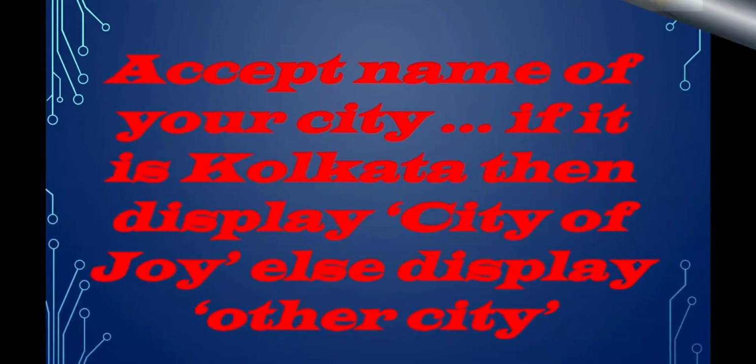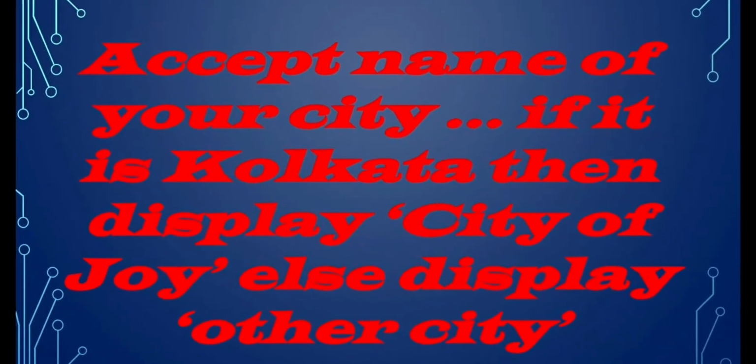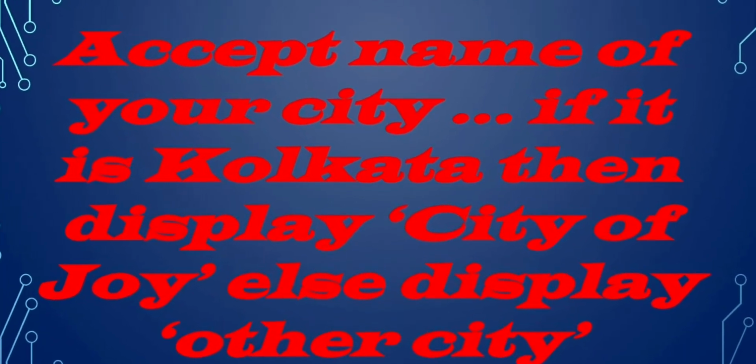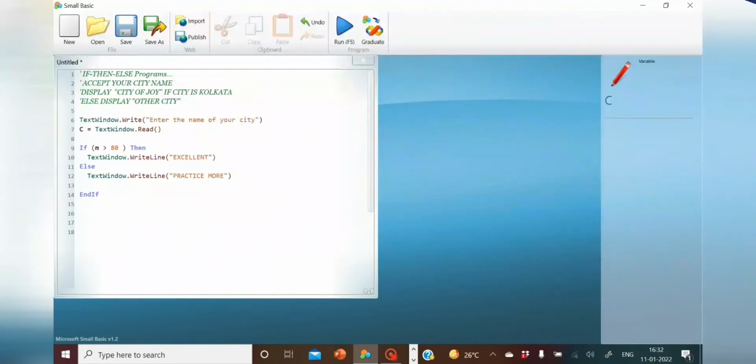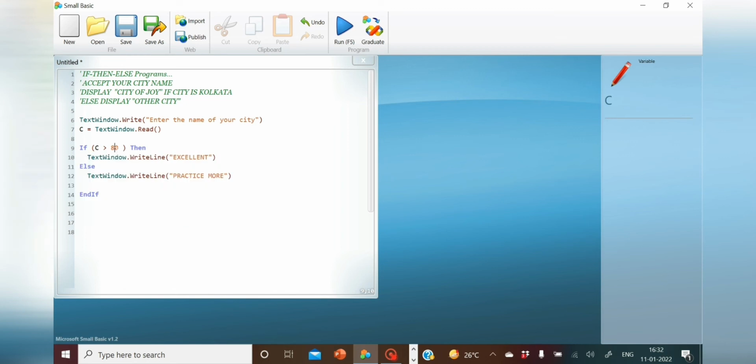Okay. So moving to the next example, accept the name of your city. If it is Kolkata, then display city of joy, else display other city. C equal to, now obviously it will be in double quotes because it's a character value or a textual value.